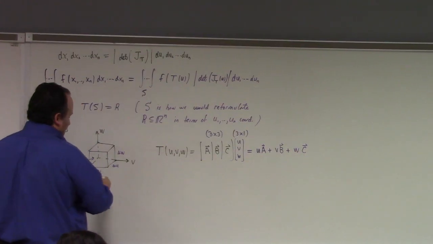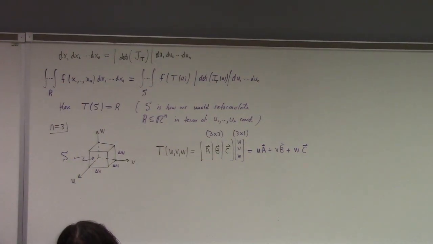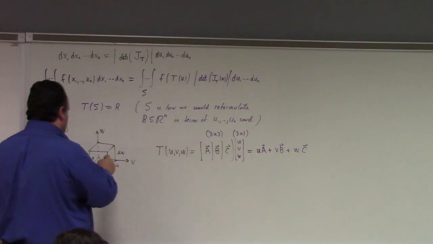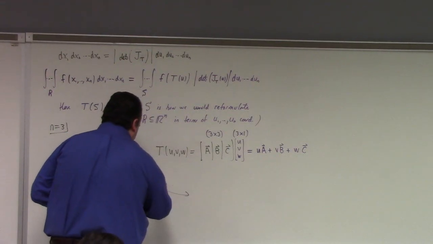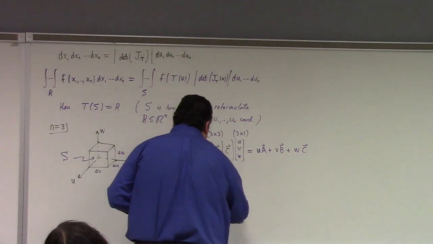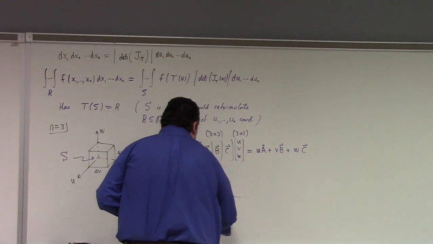Just let's say that those are the lengths of the sides of the cube based at the origin, right? So what happens when you feed this to T, what kind of shape do you get over here in X, Y, Z space?